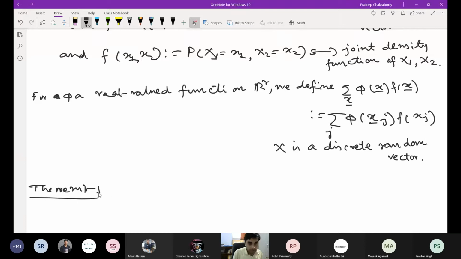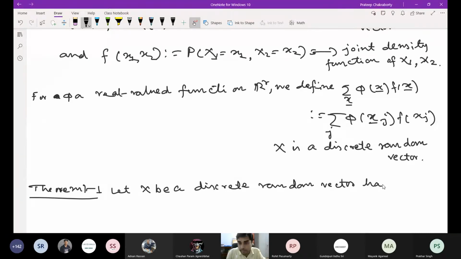So this is theorem 1 from last time. We use theorem 1 to prove the third part of theorem 2. Let X be a discrete random vector having density f, and let phi be a real valued function on R power r.